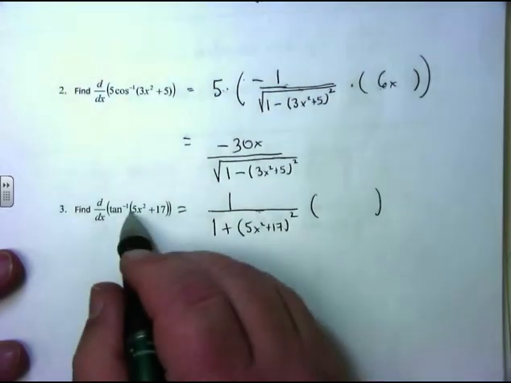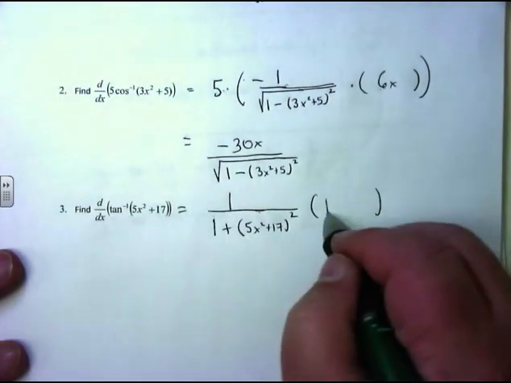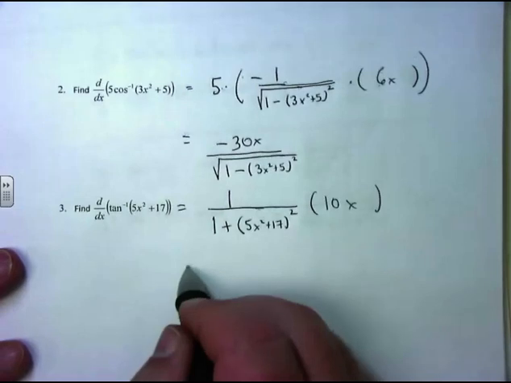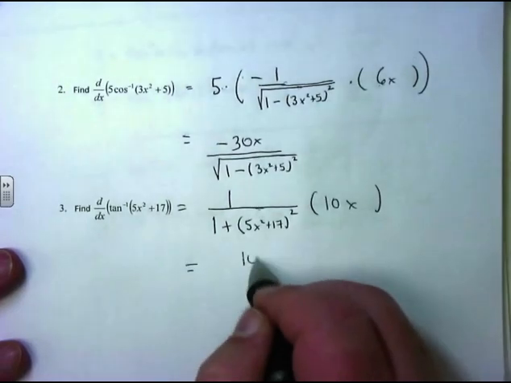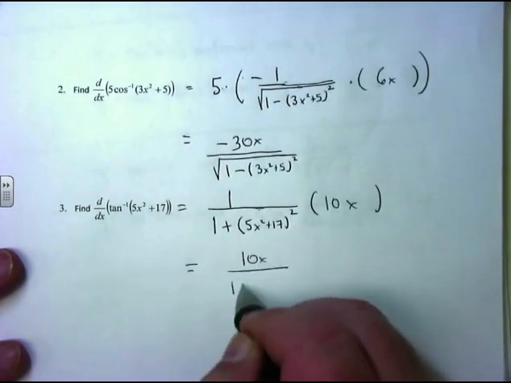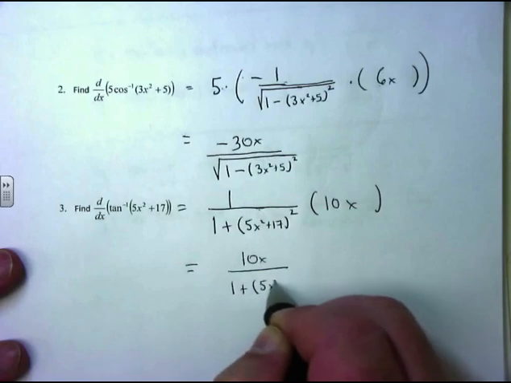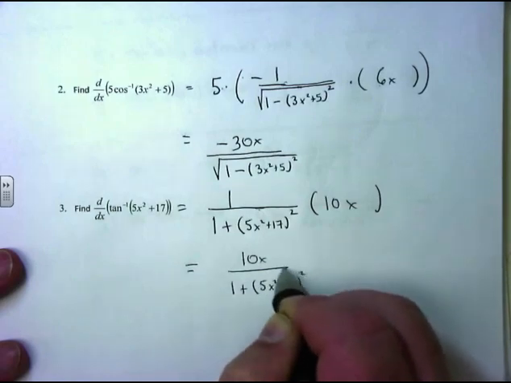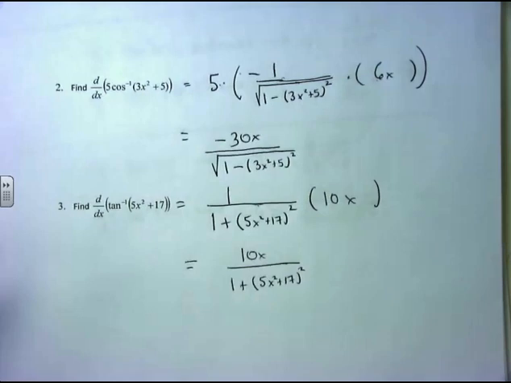Chain rule. The derivative of 5x squared plus 17 is 10x. And again, if you clean this guy up, you end up getting 10x divided by 1 plus the quantity 5x squared plus 17 squared.